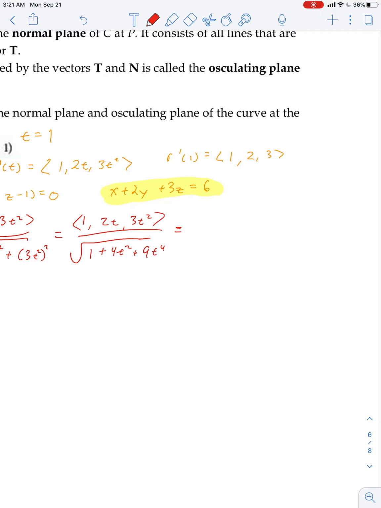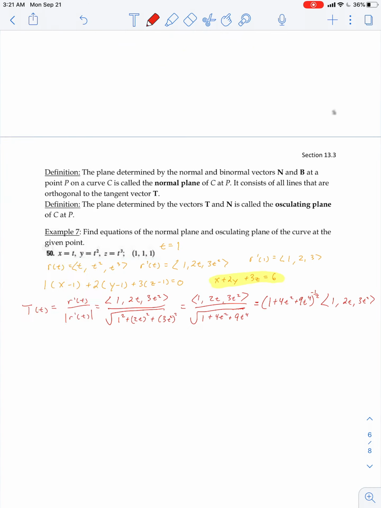I'm going to rewrite this so that when we actually do the derivative of our unit tangent vector, you'll see the calculus, you'll see the differentiation and why I did it this way. Because we have a square root in the denominator, I'm just going to say that's 1 plus 4t squared plus 9t to the 4th, to the negative 1/2 power, and then that's all multiplied by 1, 2t, and 3t squared.